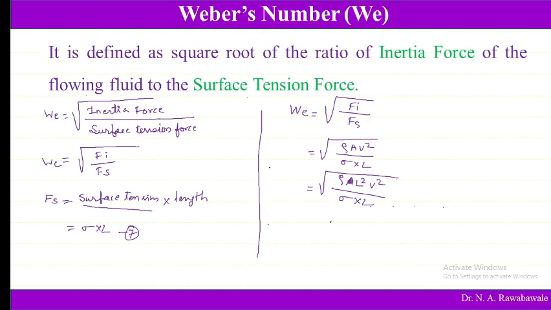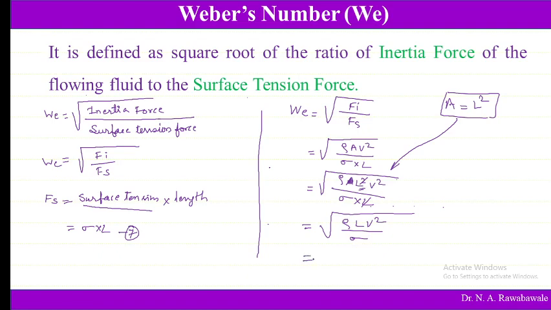So now we can cancel this L with one L in the numerator. So we can get this as square root of rho L v square divided by sigma. Just here you can see area is written as length square, kept in place of area in this equation.